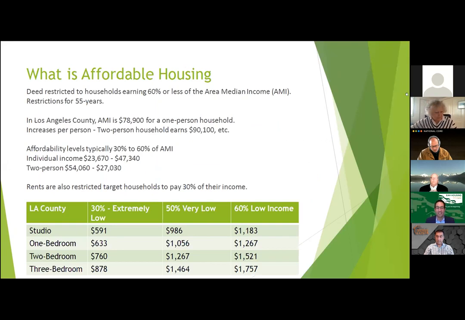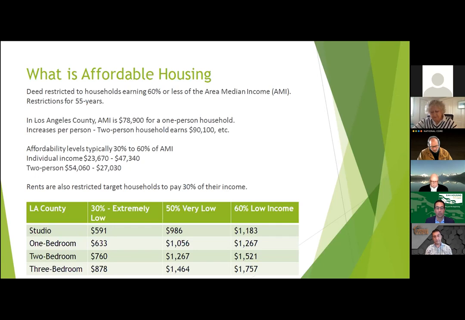Thanks, Charmaine. So I'm just going to start by defining what affordable housing is. When people hear the term affordable housing, I think a lot of different things come to mind for a lot of different people. In the industry, while there's no exact definition for everyone, it's a little more straightforward.